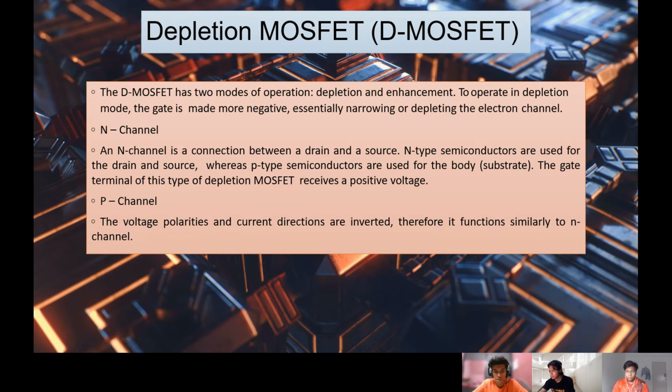N-type semiconductors are used for the drain and source, whereas P-type semiconductors are used for the body. The gate terminal of this type of depletion MOSFET receives a positive voltage. P-channel: the voltage polarity and current direction are inverted. Therefore, it functions similarly to N-channel.